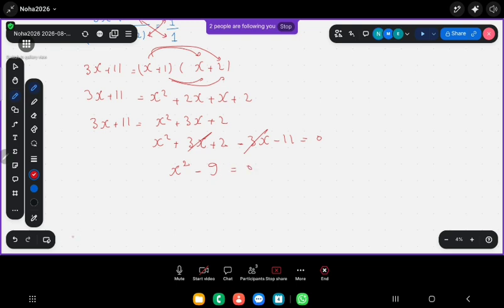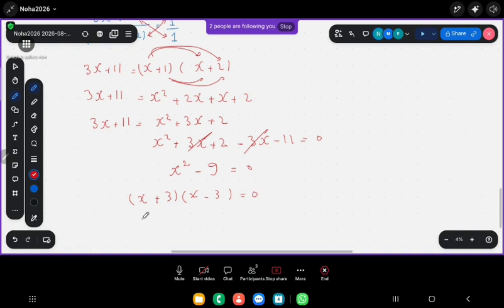Now you have to factorize. How can I factorize x squared minus 9? Difference of squares. Do you remember our last session? X squared is splitting into x and x. 9 is splitting into 3 and 3. And here is positive and here is negative. All of that equals 0.